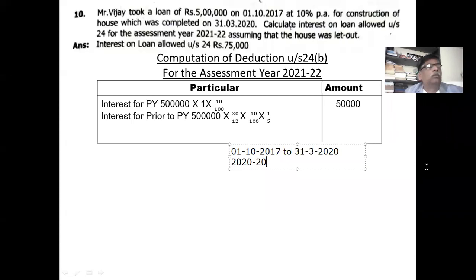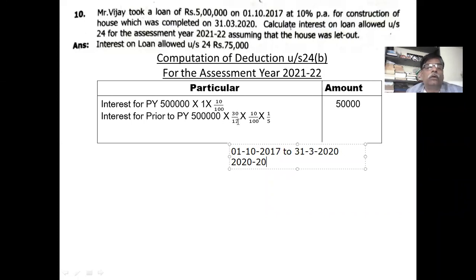Thereafter, October, November, December, January, February, March, 6 months. You count the months from 1/10/2017 to 31st March 2020. Your months is 30 months.